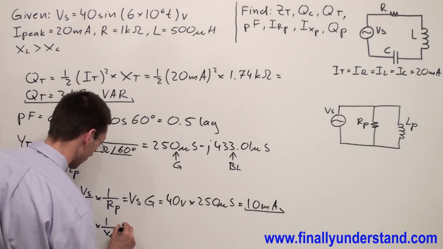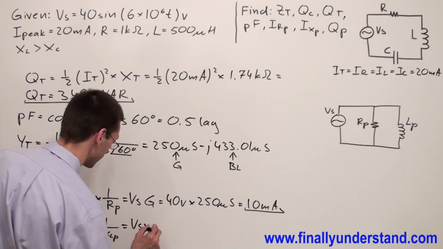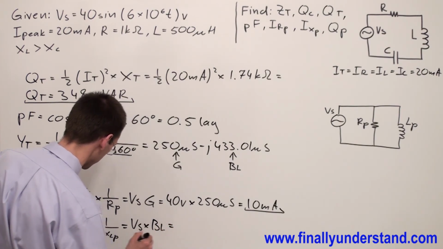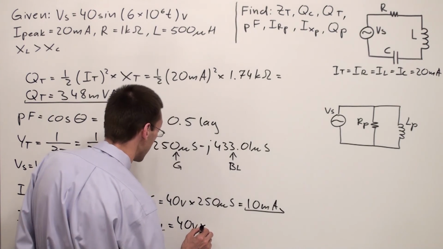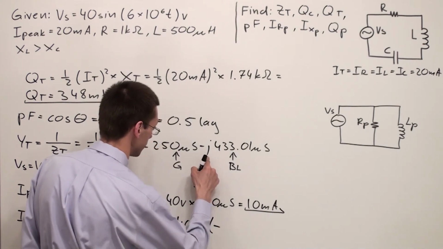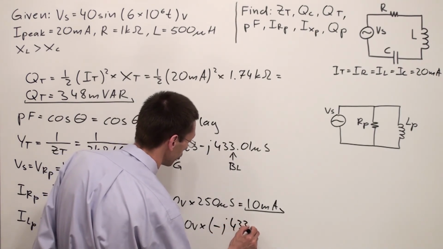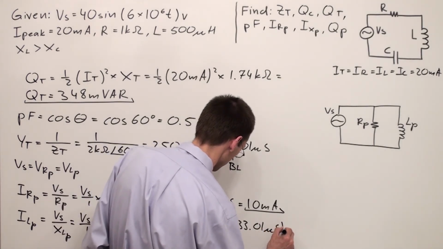So this is equal to voltage source times BL, which is equal to 40 volts times negative j 433.01 microsiemens.